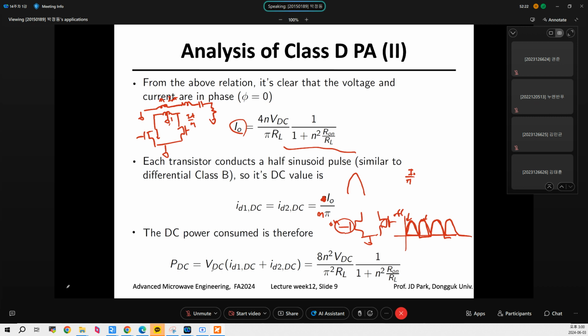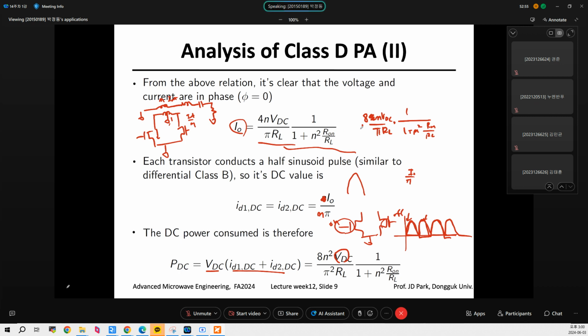Okay, so DC power is VDC multiplied by those, right? Those are from here. So pi RL and 4n VDC multiplied by 2, so it's 8, and 1 plus n square R on RL.